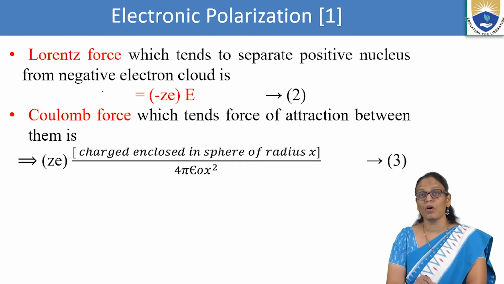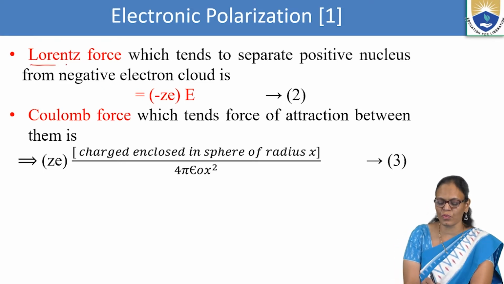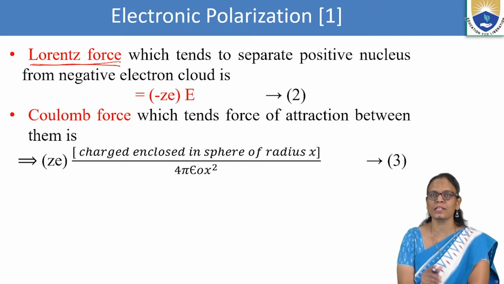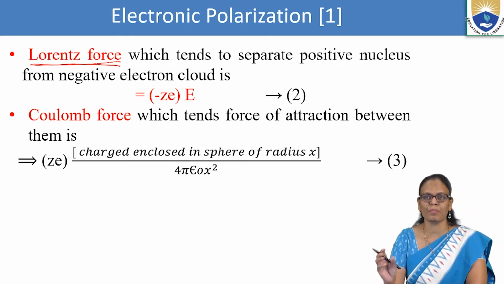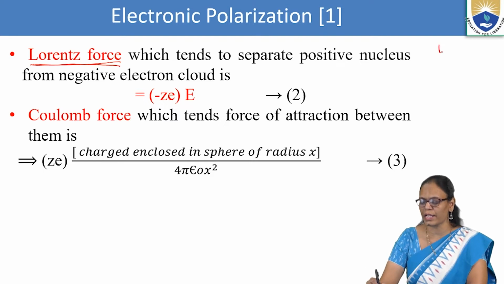Now, the Lorentz force which tends to separate the positive nucleus from the negative electron cloud. We are talking about the Lorentz force that acts between these two charges and tends to separate them, which is minus Ze into E, because we know that the electric field applied, E, is equal to F upon Q. The electric field is given by the force, that is the Lorentz force, divided by the charge.